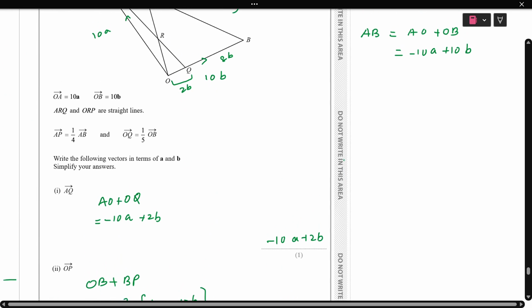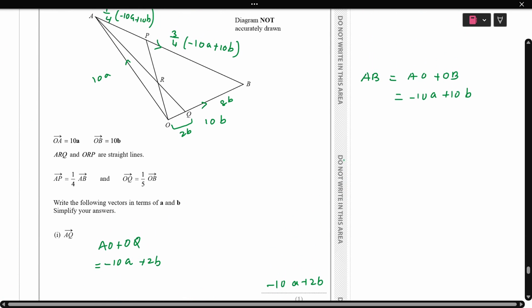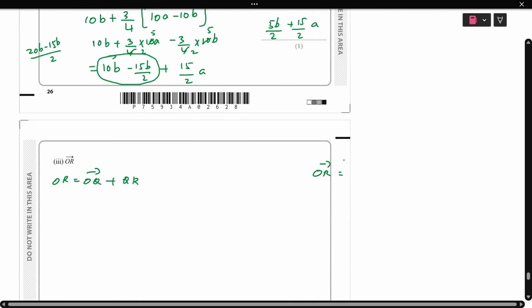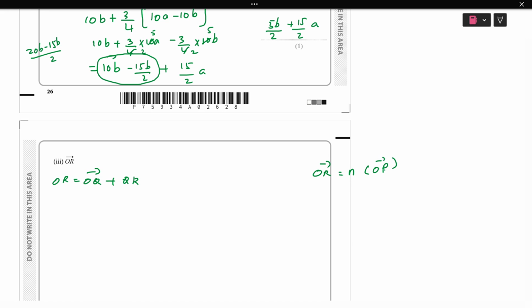Another OR I can write as some ratio of the OP vector. So here also we need to put vector.